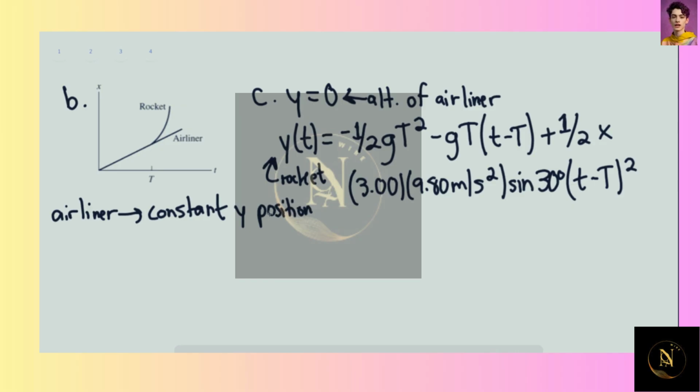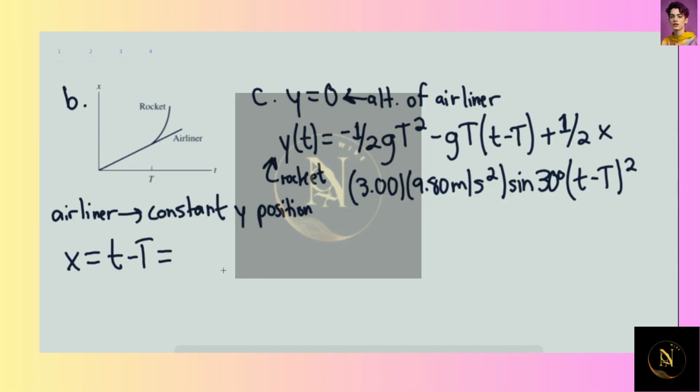So we can say that the rocket is dropped at t equals 0, and the time T when the engine is turned on is found by setting y equal to 0 for the rocket, and then we can solve for t in terms of T. Essentially we're setting this entire equation equal to 0, and then we can use the quadratic formula for the variable x equaling t minus T.